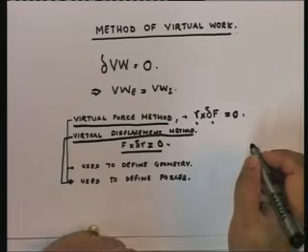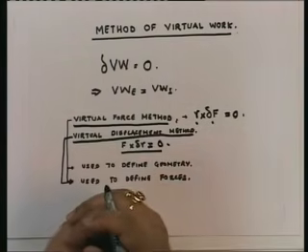Now, what are these methods? Why do we use these methods? It is very important to understand that it is the principle of virtual work, method of virtual displacement, method of virtual force. Big deal. I mean, why do we need to study these methods? It is very interesting. The whole principle of virtual work is actually a very interesting principle which changes a geometry problem into an equilibrium problem and an equilibrium problem into a geometry problem.